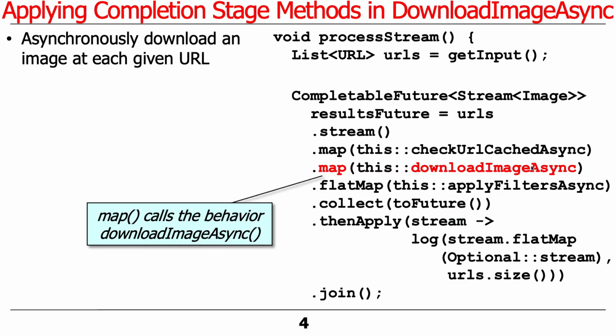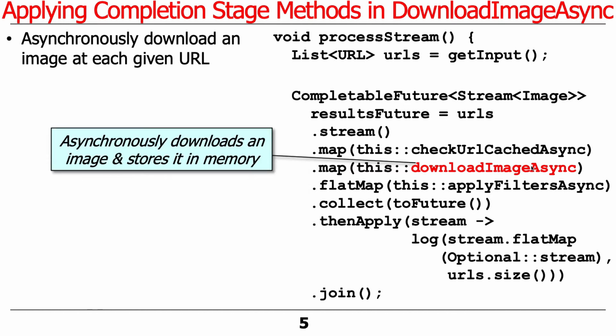As you can see here, once we've set the wheels in motion through having check URL cached async return a completable future to an optional URL, the next thing that happens in the pipeline is the download image async method is called.